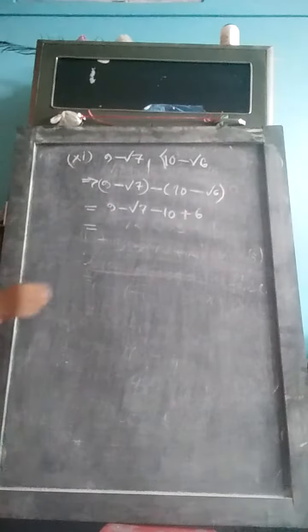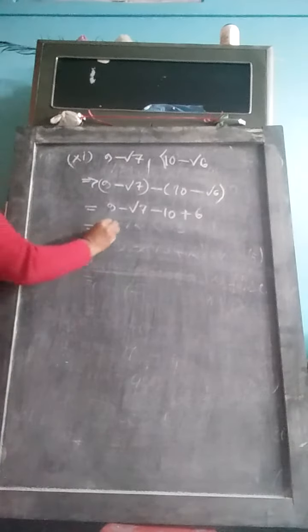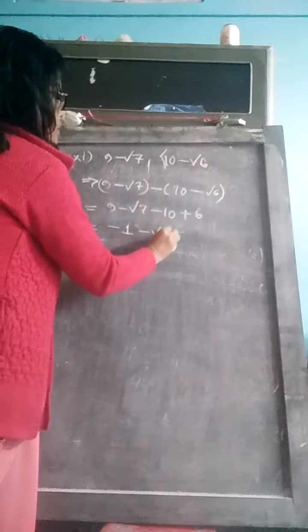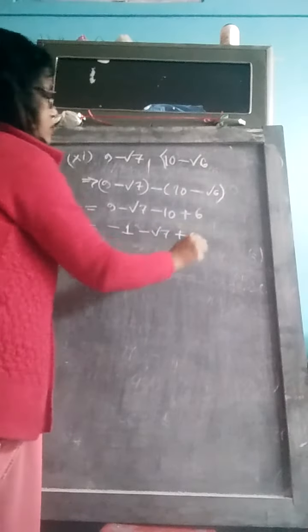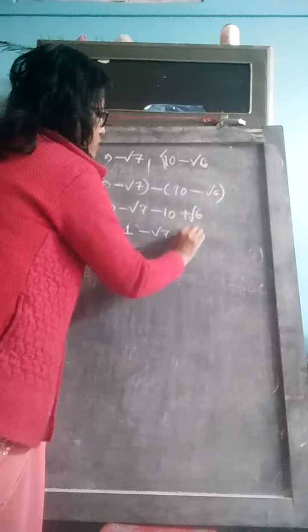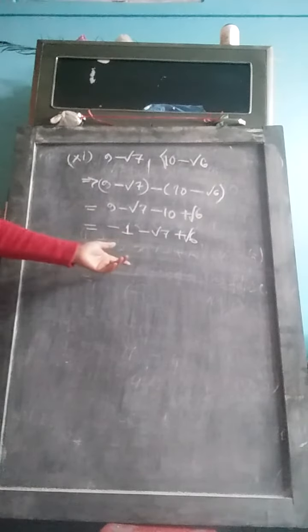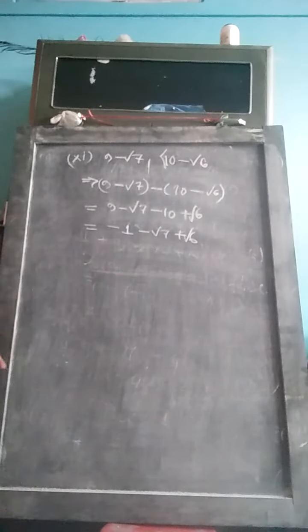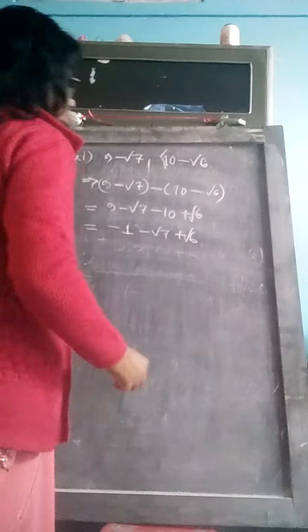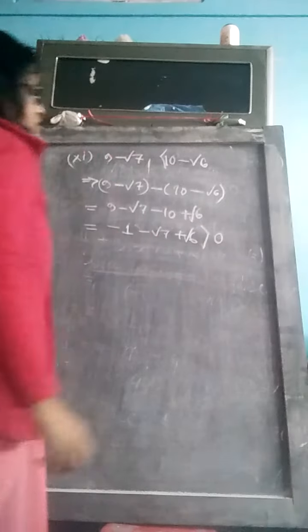Then what is the result? The result is minus 1 minus root 7 plus root 6. So what happens here? It is positive. It is greater than 0.